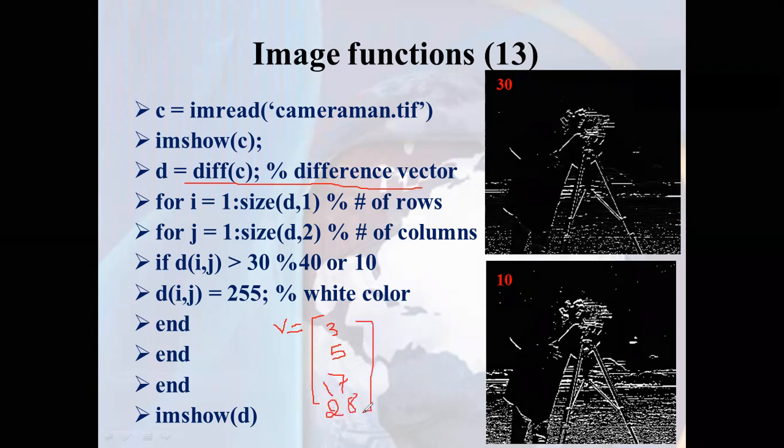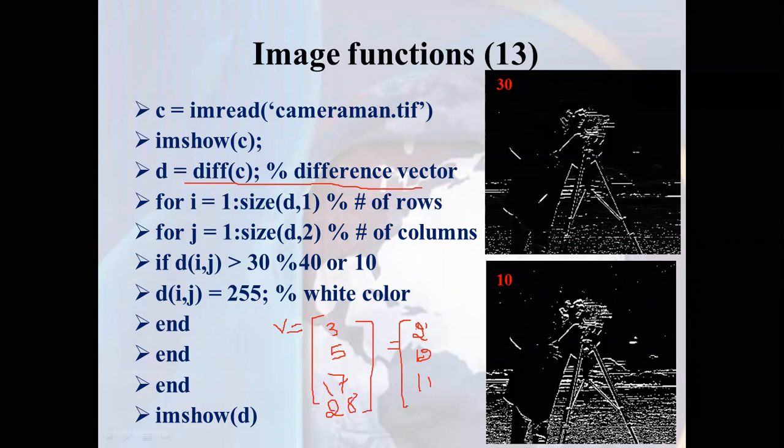It's the difference between each two consecutive elements. So we obtain 5 minus 3, 2; 17 minus 5, 12; 28 minus 17, which is 11; and so on. This is what we call the difference vector. Each element in the vector is replaced by the difference of two consecutive elements.